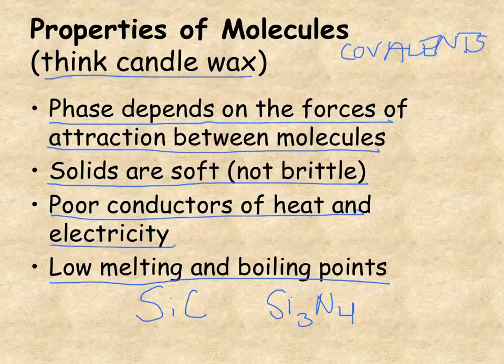So not always is the case that you have low melting and boiling points, but in general, the trend is that if it's a covalent solid, a covalent material, it's going to have lower melting and boiling points compared to, let's say, the ionic solids.